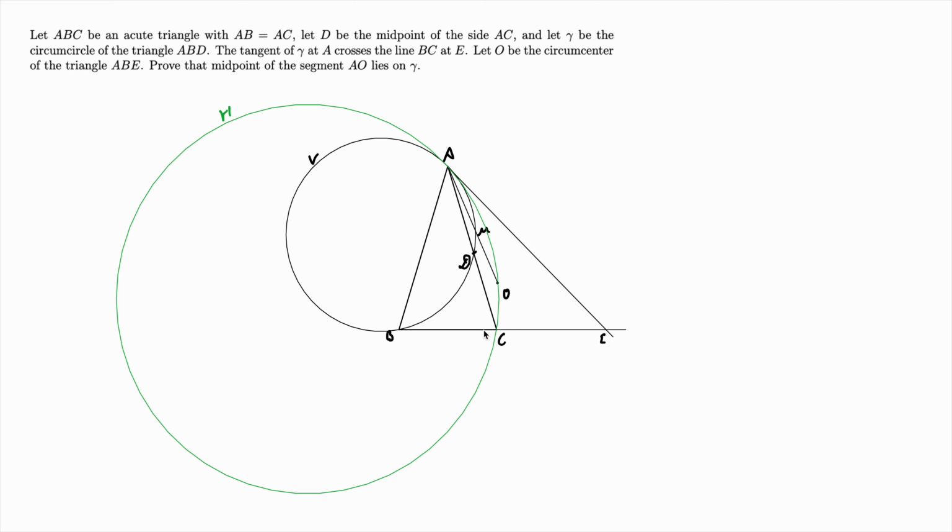This is 1 to 2, and therefore it should also be 1 to 2 because we know A, M, O are collinear by construction. That means AM equals MO. So it suffices to prove that O lies on gamma prime. It looks like it, but we don't know it yet.